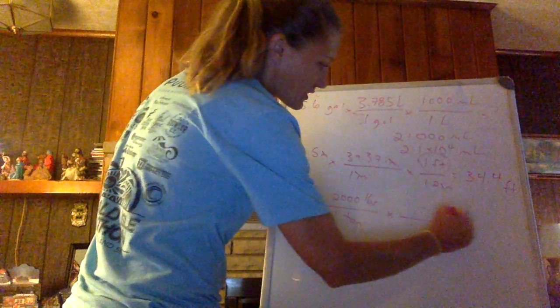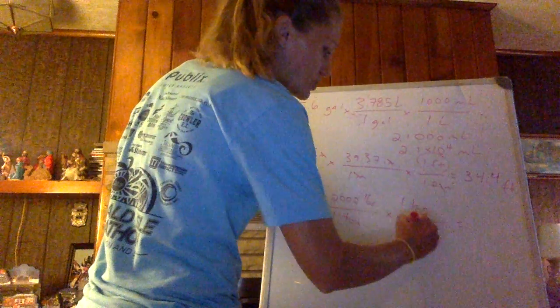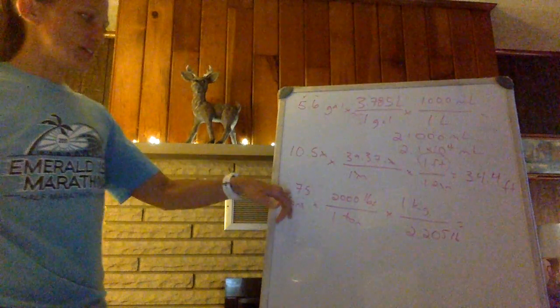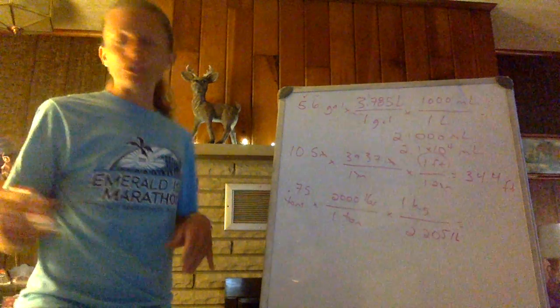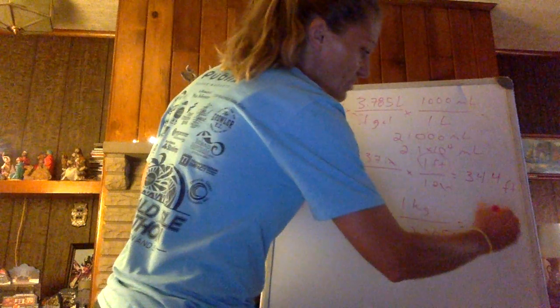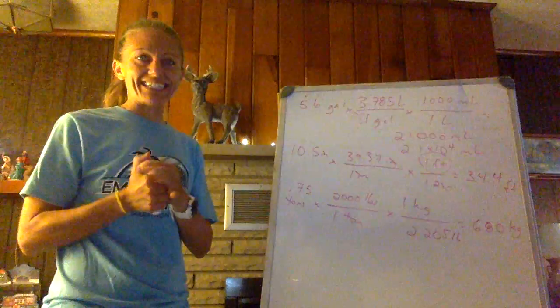I did have a relation between pounds and kilograms given: 1 kilogram, I usually just use 2.2, but it was given as 2.205 pounds. 0.75 times 2,000 divided by 2.205, to 2 significant digits, gave me 680 kilograms. There are your dimensional analyses.